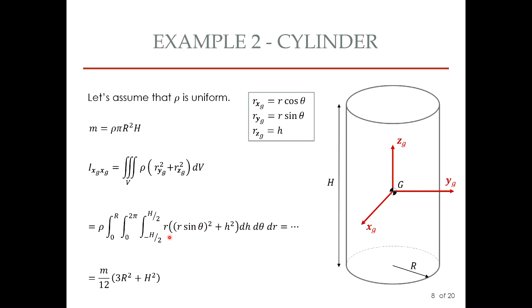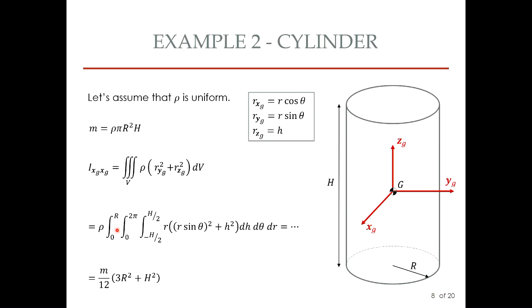And then this r is what? The determinant of the Jacobian. So r dr d theta dh, or the right order, and this is my choice of limits of integration. Here h is going from minus capital H by 2 to capital H by 2. Theta is going from 0 to 2 pi to cover the entire cylinder. If you have a semi-cylinder, you will have, say, 0 to pi.